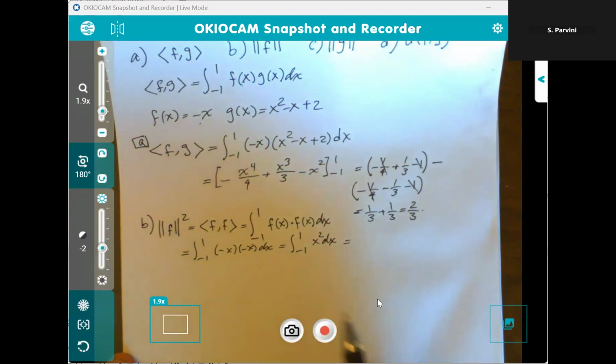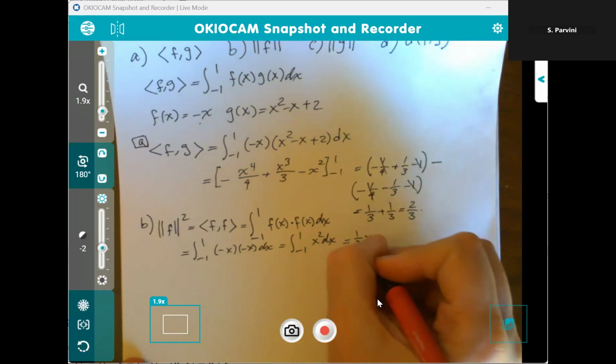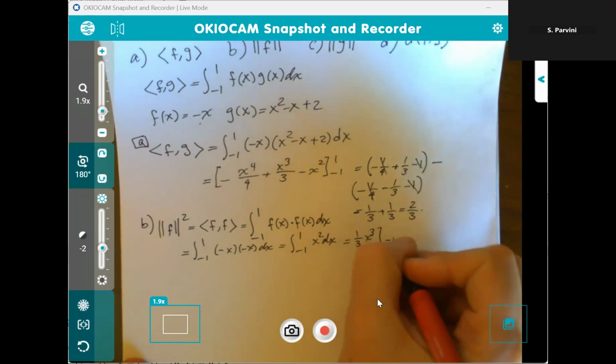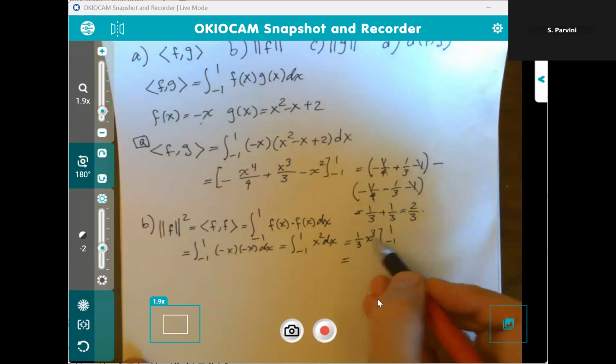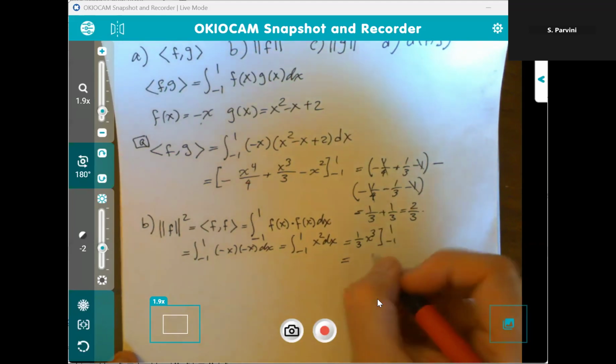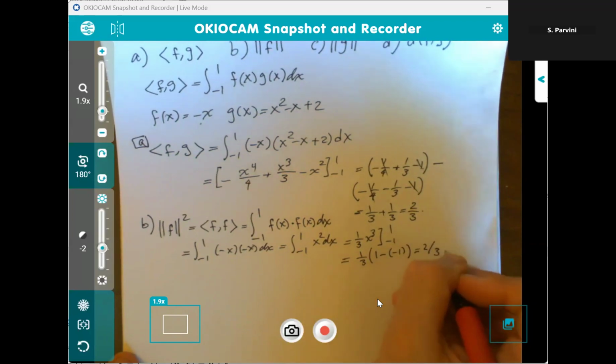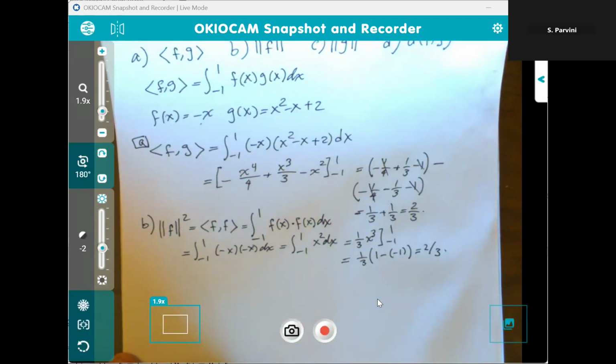So the integral of x squared is 1/3 x cubed, evaluated from -1 to 1. You plug in the upper limit, you get 1, minus, plug in the lower limit, you get -1. So it's 1/3 of 1 minus -1, and the whole thing is, again, 2/3.